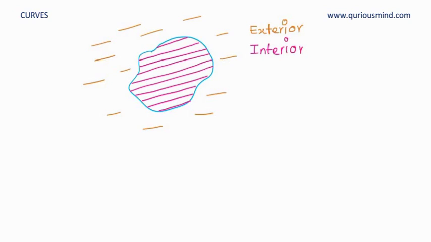Now let me have some points. So if I have a point A here, point B here, point C here, point D here, then which point is in the interior of the curve?